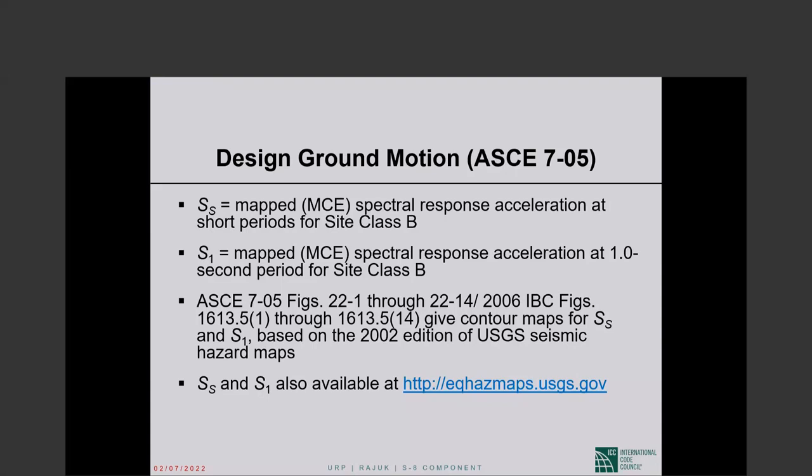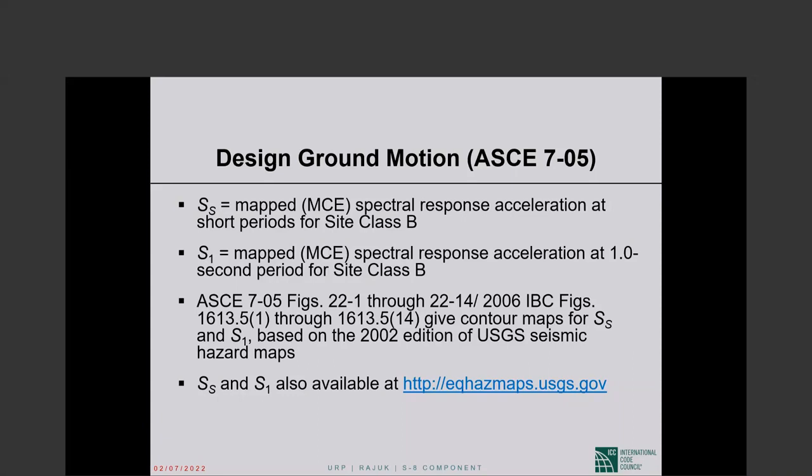And site class B, that refers to the different site classes that are defined in ASCE 7, site class A, B, C, D, E, and F. These have counterparts in BNBC 2020. Site class B is the benchmark site class on which USGS, US Geological Survey, does all their mapping.